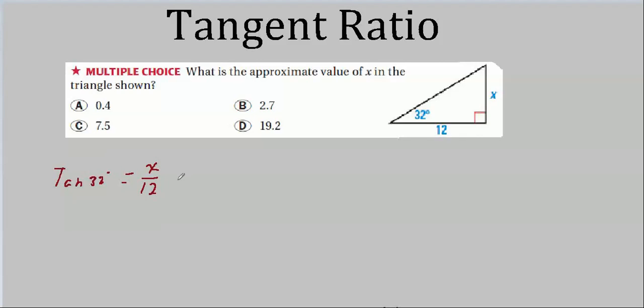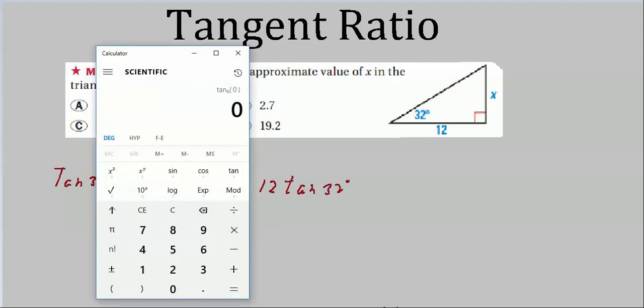Well, that would give us that x is equal to 12 times the tangent of 32 degrees. Now, what we have to do is punch in 32 and take the tangent. Let's just call that 0.63. I think that's good enough.